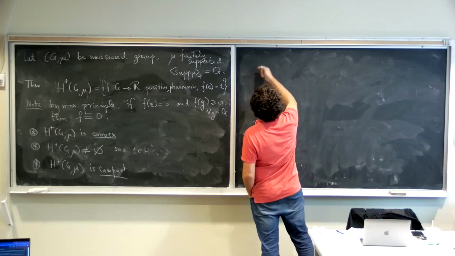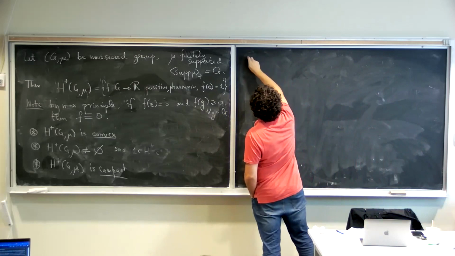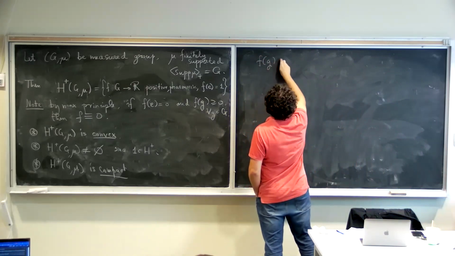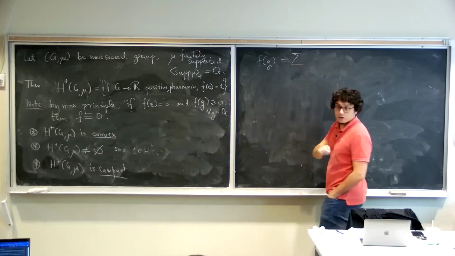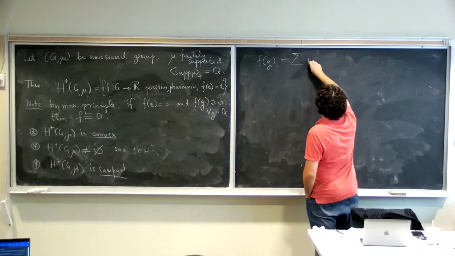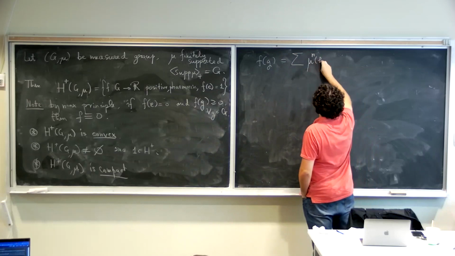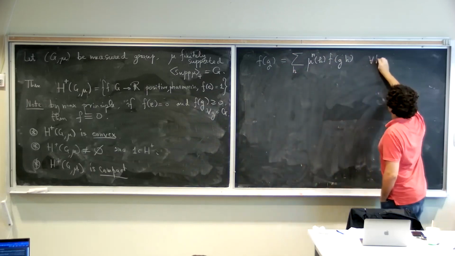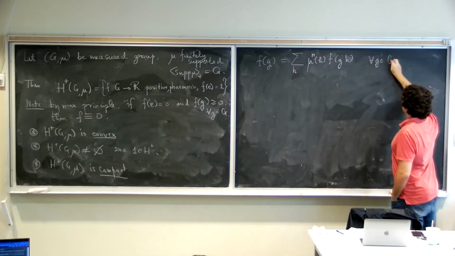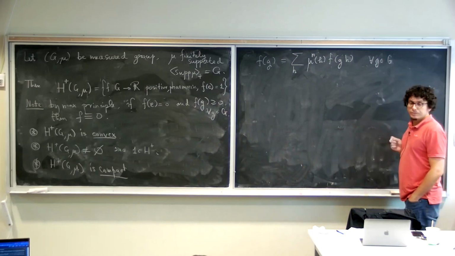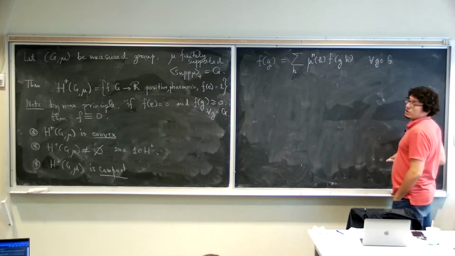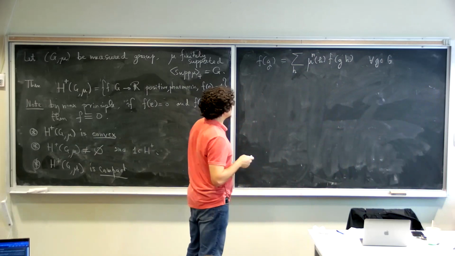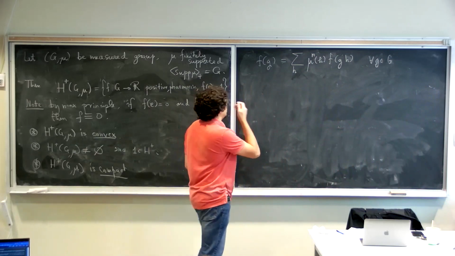So what are the a priori bounds? By harmonicity, f of g is the sum over h of mu n of h times f of gh, where we take the n-step distribution, the nth convolution of mu.